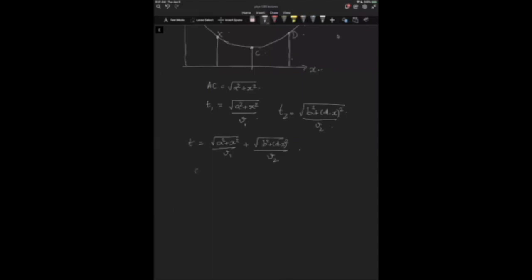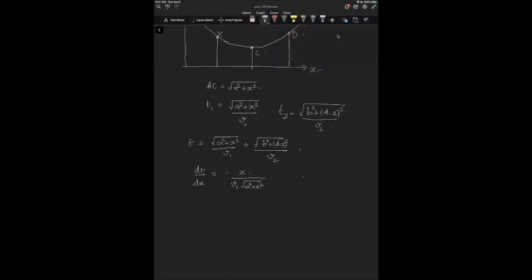And now we want to differentiate this with respect to x. And well, this is a pretty standard differentiation, so I'll just go over it really quick. I would normally get 2x, but then I also get a 2 in the denominator, because (a squared plus x squared) to the power of one half is going to pull down a 1/2.